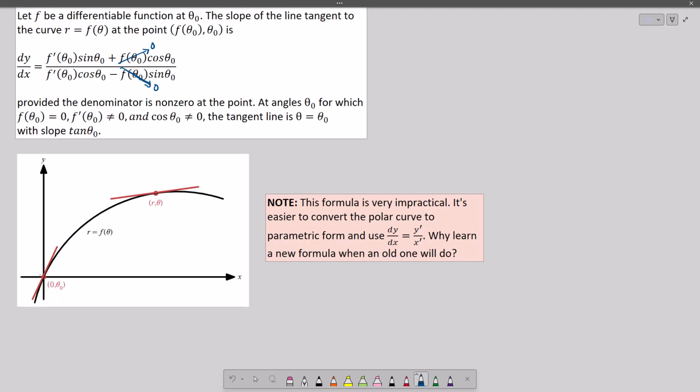These two coefficient pieces here are going to cancel. That's going to cancel with that. So what do you end up with? Sine of theta naught over cosine of theta naught, which is tangent of theta naught. So if you have a curve through the origin, the slope of the tangent line is just tangent of whatever the theta is that generated that graph at the origin.